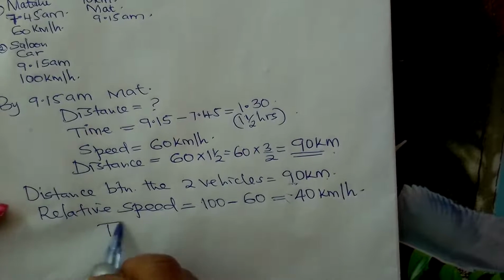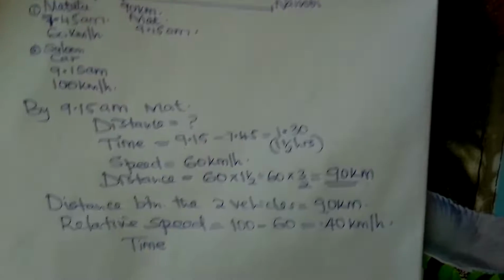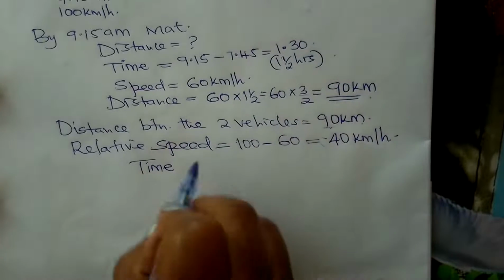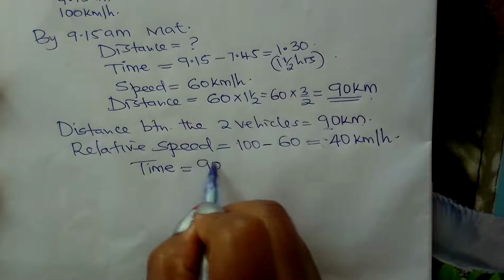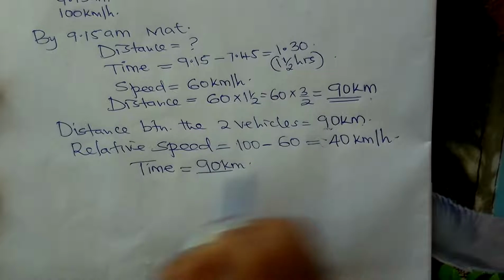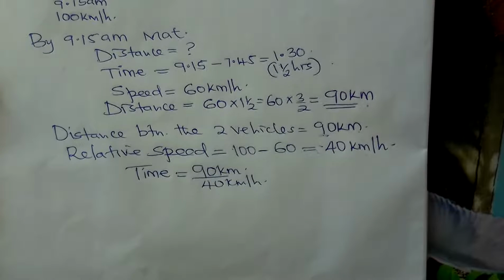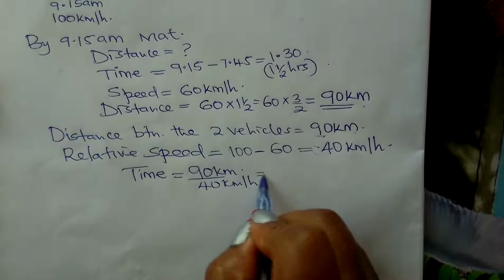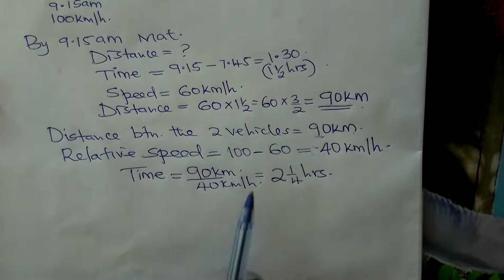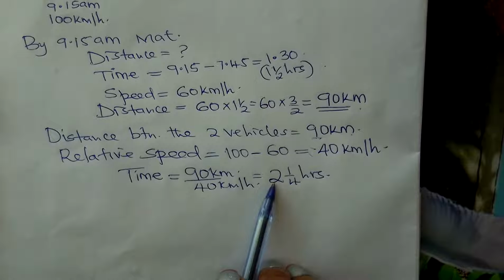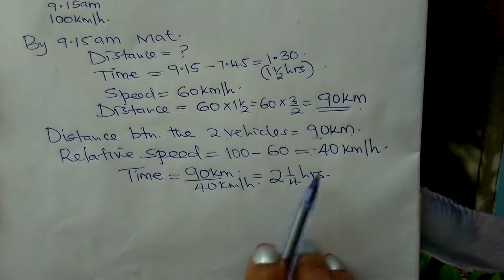And therefore, learners, after how long will the saloon car overtake the matatu? You talk of 90 kilometers, the distance, over the speed. And therefore, this gives you 2.25 hours. So, the saloon car will overtake the matatu after 2.25 hours.